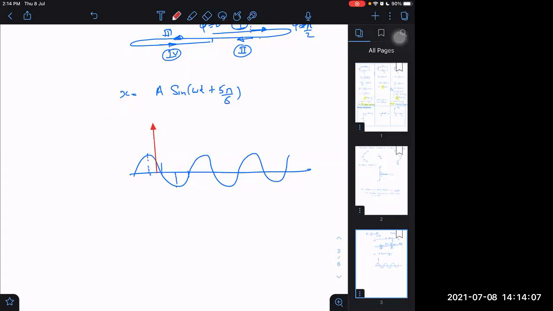And this value will be a by 2. This is the x versus t graph. So while cutting the graph, I'm cutting it at the appropriate place, not at the first quadrant, but at the second quadrant. Always think this is first, this one is second quadrant, this one is third quadrant, and this one is fourth quadrant here.